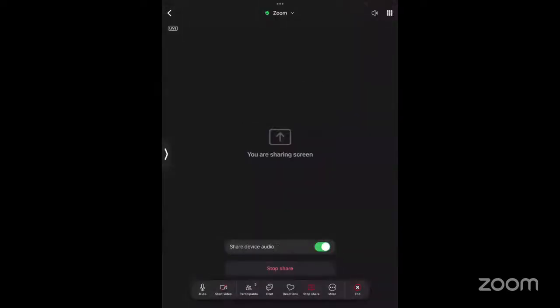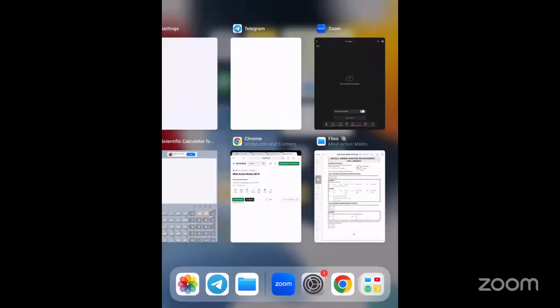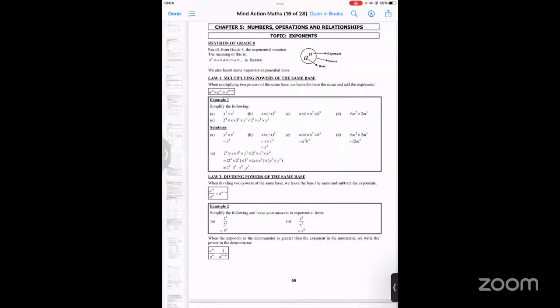So I am forced to take you through these topics and make sure that you fully understand to the level that you need to. There is a lot that we are still going to do, but for today, I just want to check if you have got the basic understanding and knowledge of exponents.